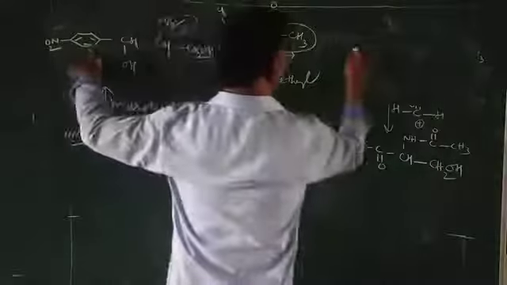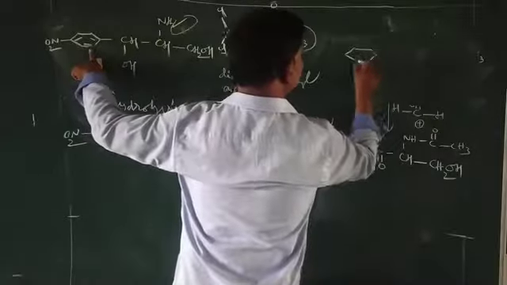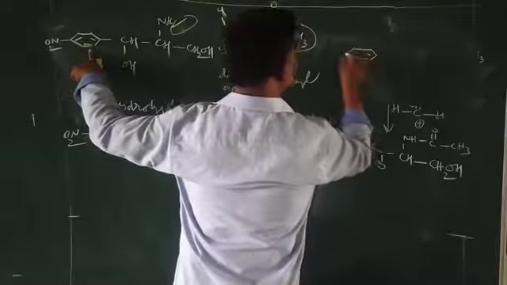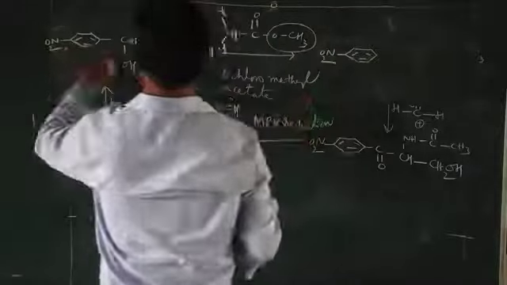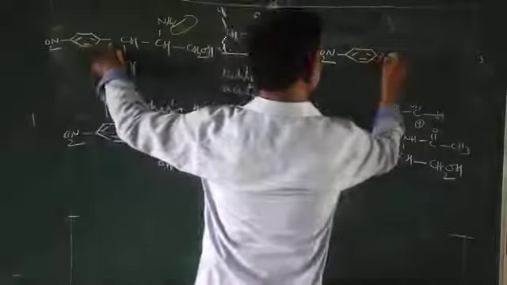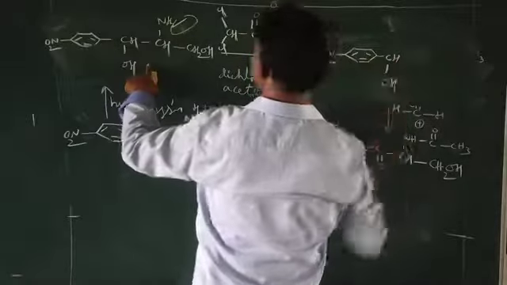So the remaining portion: the benzene ring, this position attached NO2 group, and this position CH and OH.